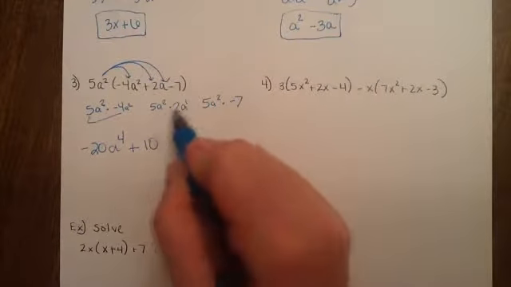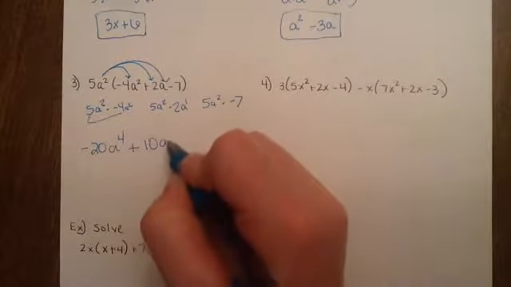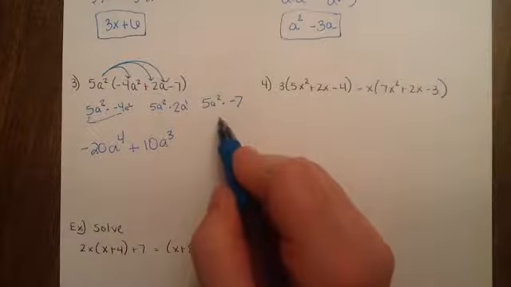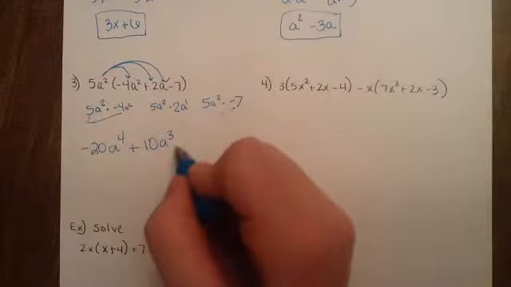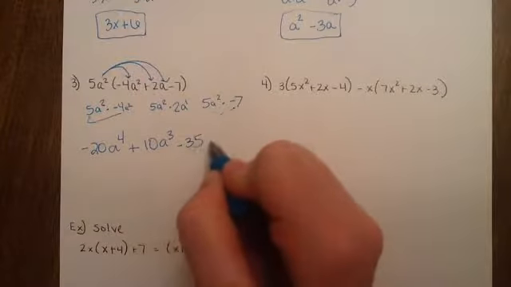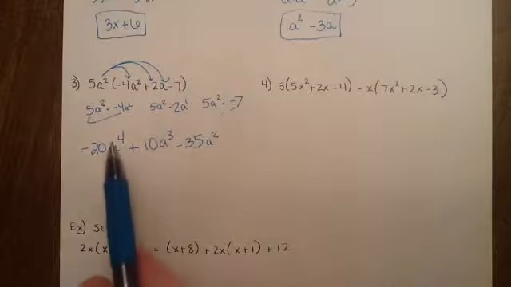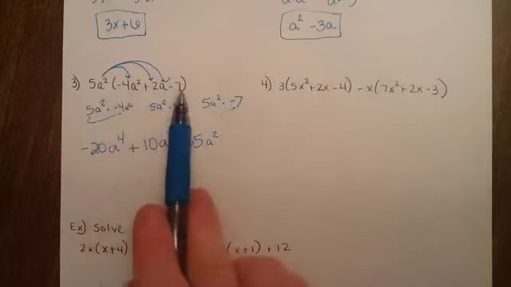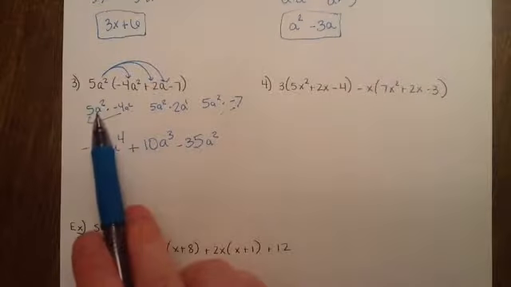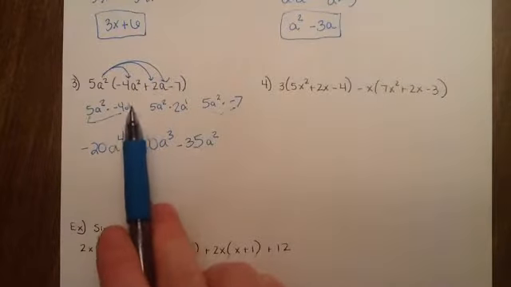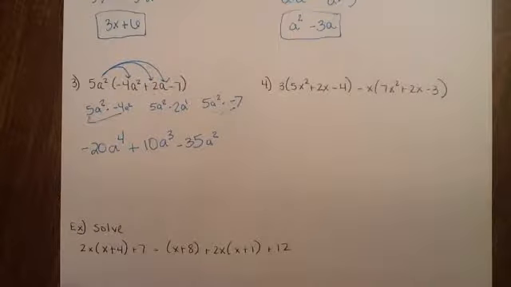And if we add our exponents, because it's multiplying, a cubed. What about our last piece? Negative 35a squared. So multiply this by each piece inside. Use our rules of exponent times another exponent to get our 3 pieces. Nice job.